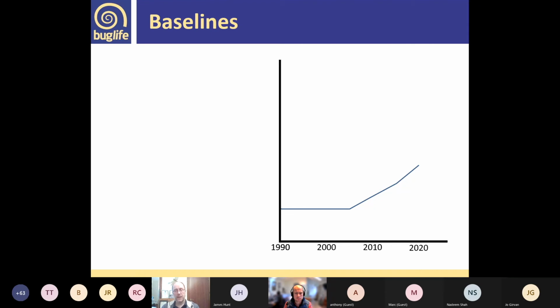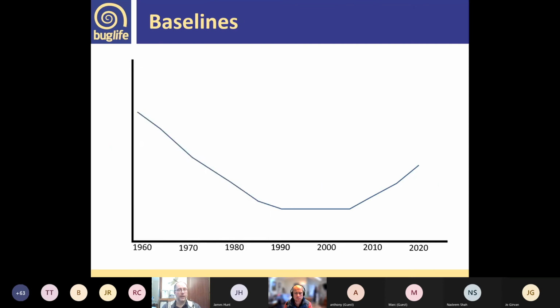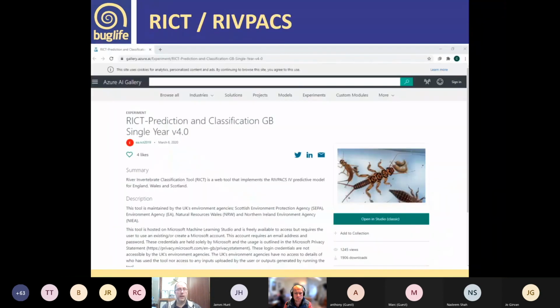But if we were able to extend it back past that data set, back into the 1960s, what we might find is that it was much, much better way back in the mists of time, and we're actually still below what the river should be. And that's why we have systems like RIVPACS and now RICT, which give us reference conditions for the river.